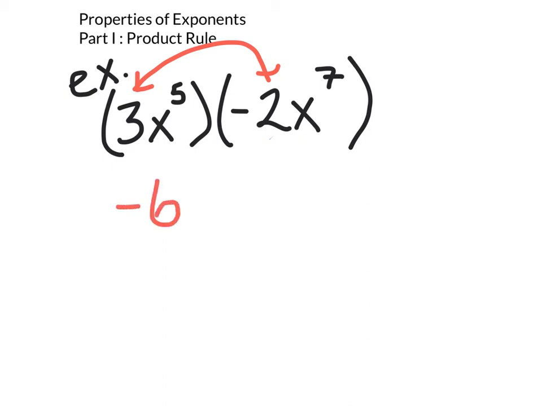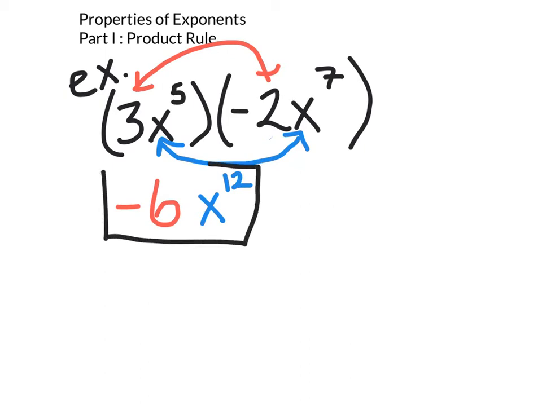The next thing I want to look at is the x's. I can put the x's together, and I have 5 x's in my first term and 7 x's in my second term. Therefore, there are going to be 12 x's total. Therefore, my answer is going to be negative 6 x to the 12th.